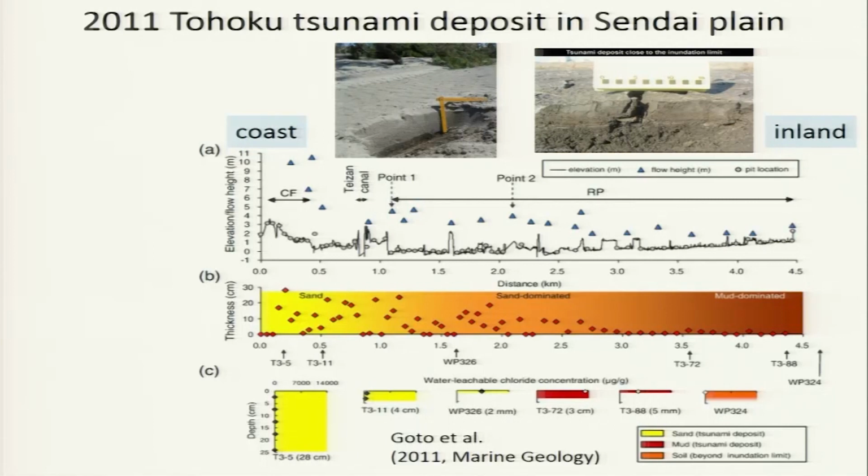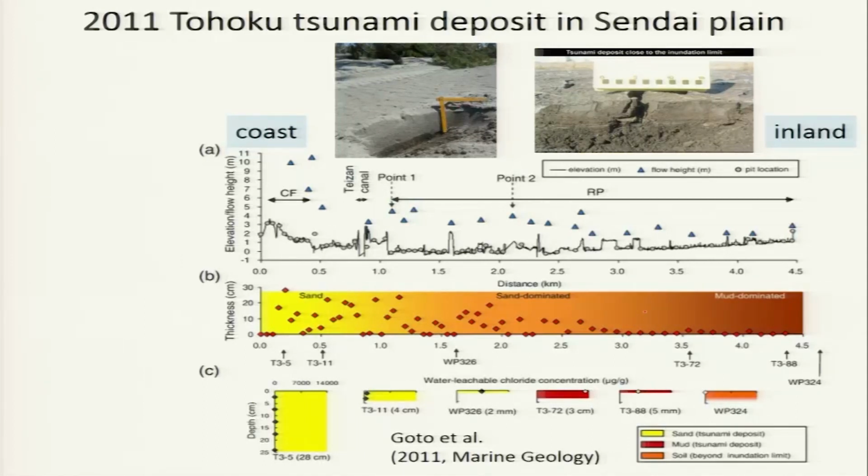Another interesting thing which they identified: usually, and of course they were also doing that, other paleo-tsunami scientists used to identify until which point in the coastal region the coarser deposits are seen, and after that we say, okay, this was the inundation limit.